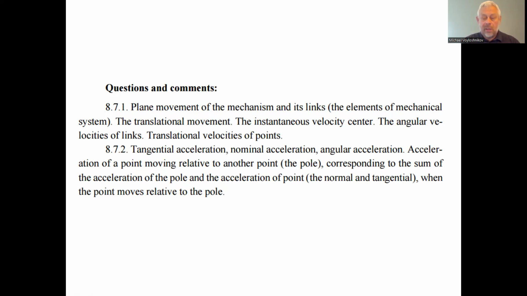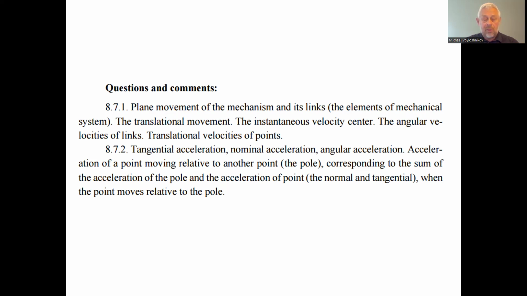The instantaneous velocity center is the point whose velocity is equal to 0. We can divide by the radius and find the angular velocity and the translational velocities of the points. With translational movement we have the translational velocities of all points, and we have rotational velocities of the bodies, which we can consider as the links of the elements of the mechanical system.